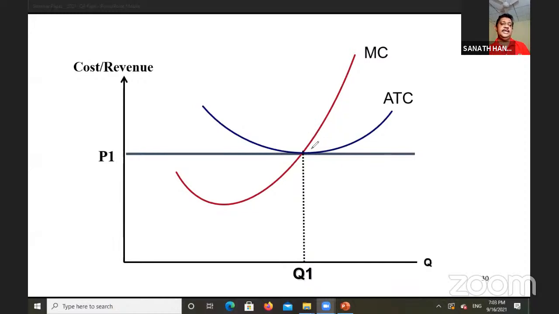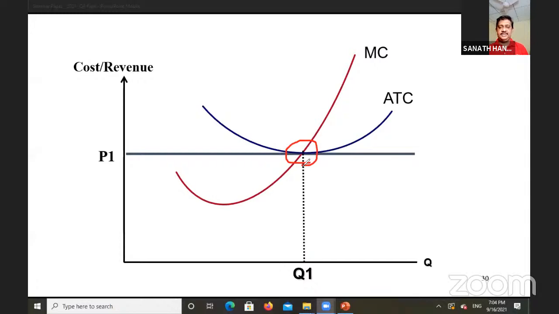Now you can see here at this level, profit is maximized as well as production is efficient. Why? Because production is running at the minimum level of average total cost, right? So can you tell me please, what is the profit the firm earns here?